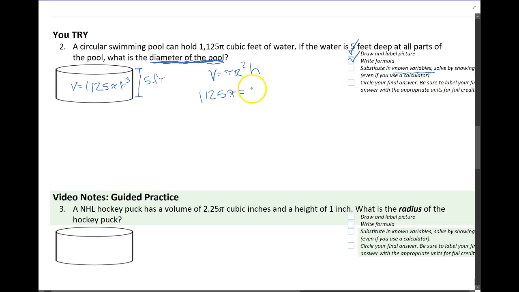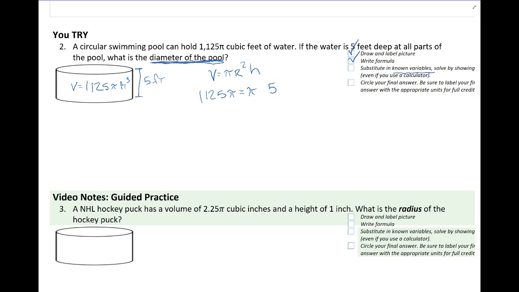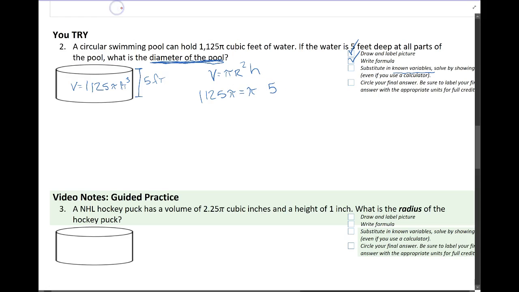And that's equal to, well, pi is always pi, so I'm going to leave that as is. I don't know what the radius is. I don't have any of that information, so I'm going to leave a space. And then the height I know is 5. Now let's do in red, radius squared.